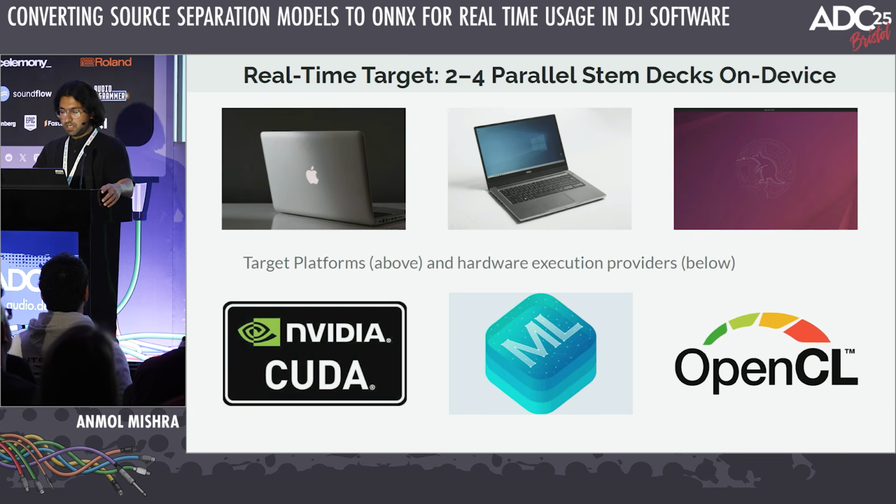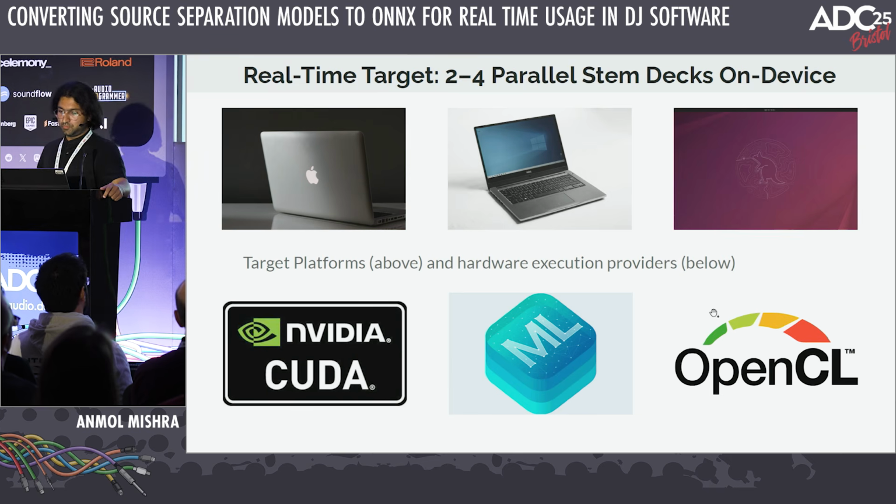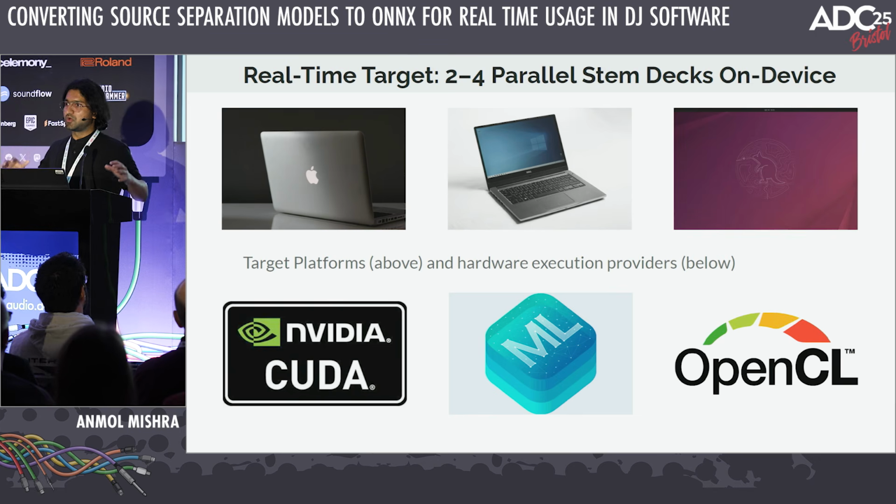So we don't want models that run just on the CUDA platform, which is from NVIDIA, but we also want it to run on Apple's CoreML and the OpenCL execution platform. Now, that's the framework that we are going to deal with. So how do we go from a research-based model to something that we can run within all these different platforms?